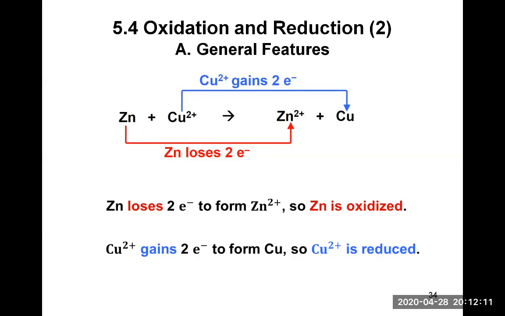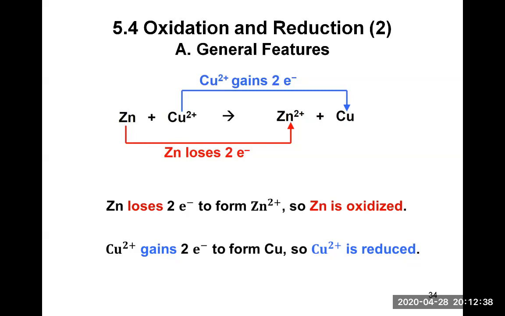And whenever you have an oxidation, you have to have a reduction at the same time. They have to happen at the same time. And so the copper 2+ gets reduced because it gains electrons. It will gain those 2 electrons left by zinc, and those 2 electrons will cancel out the 2 positive charges on the copper ion.